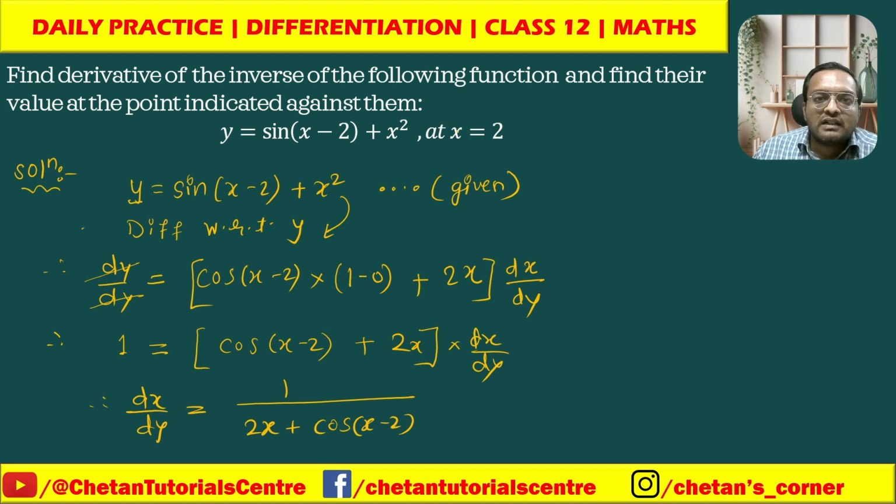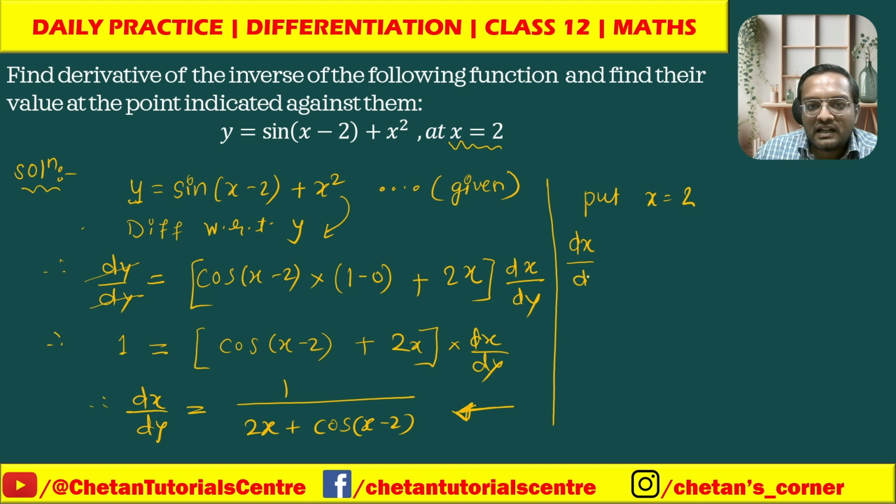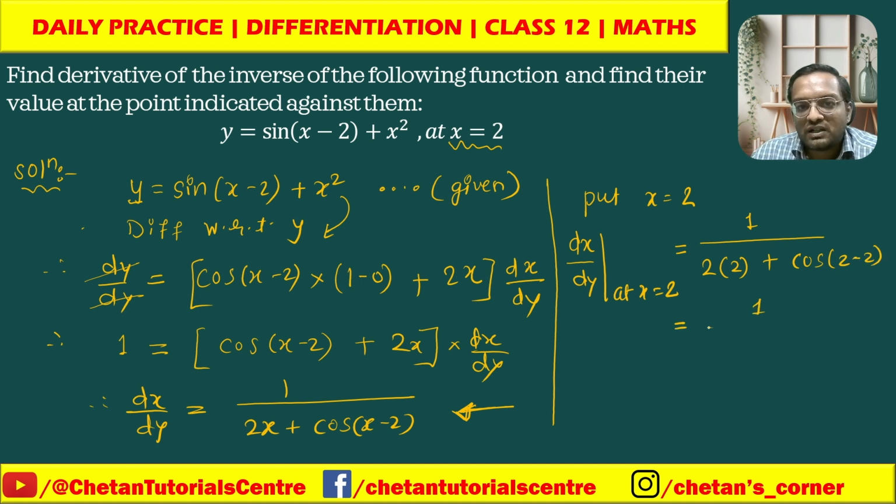Now we have to find the value of derivative of inverse function at x is equal to 2. So put x is equal to 2 in this equation. Then what I will get, dx by dy at x is equal to 2 is 1 upon 2 inside the bracket 2 plus cos of 2 minus 2, which is equal to 1 upon 2 2s are 4 plus cos 2 minus 2 will be cos 0, which is equal to 1 upon 4 plus cos 0 is equal to 1.